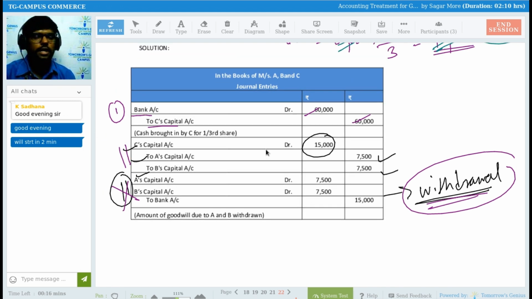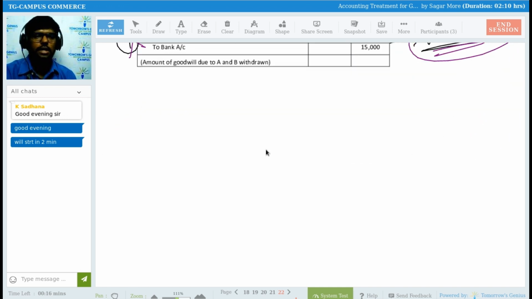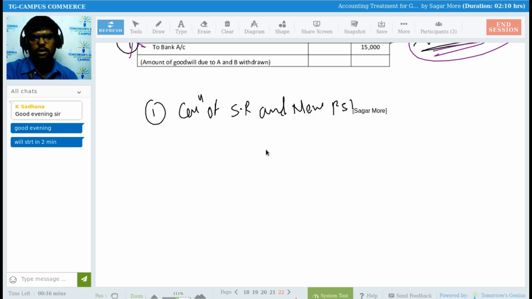Okay, so we have completed the goodwill adjustment concept as well, right? What have we completed so far? In admission of a partner, we first completed the calculation of sacrifice ratio and new profit sharing ratio, right? And now we completed goodwill adjustment.